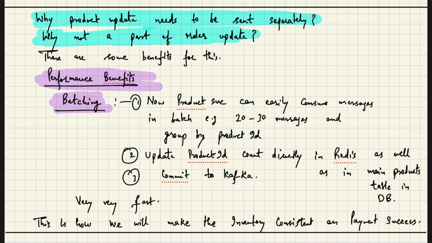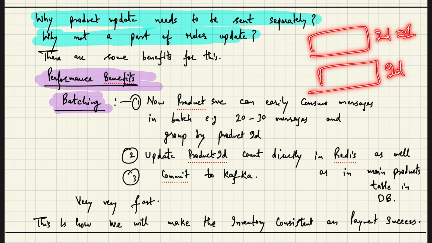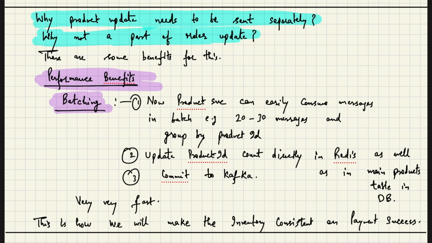So we know a particular broker would be receiving product id 1, and another particular broker is receiving product id 2. The product service can simply consume all these messages in one go, because it is sure that messages with id 1 would be sent on the same broker.